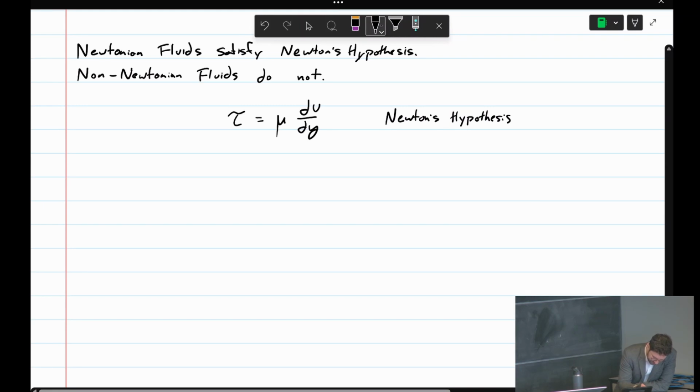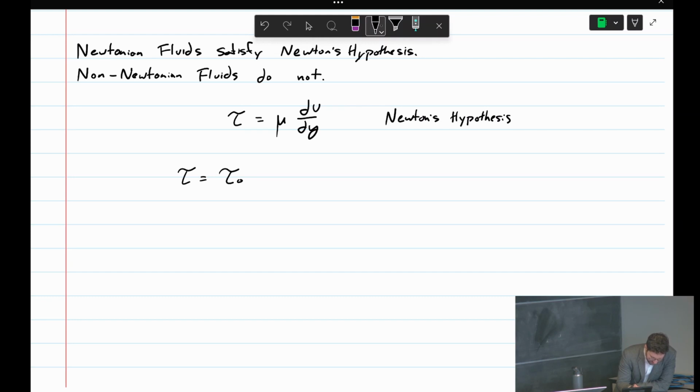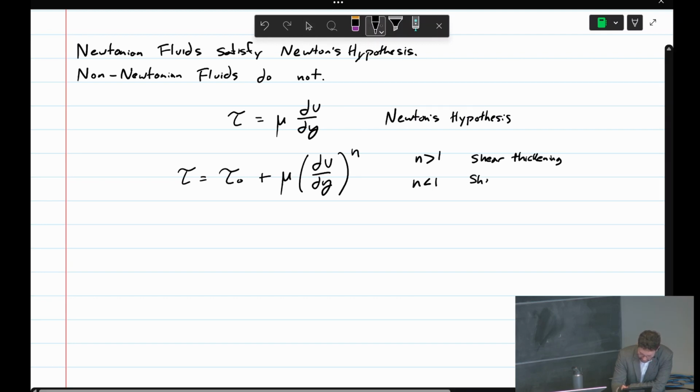The general case is this. You have tau is tau 0 plus mu du dy to the power n. So in general, you get kind of a quadratic function, or a function that's to some power, like a power function. If that exponent n is greater than 1, it's called a shear thickening fluid. If n is less than 1, we get shear thinning.